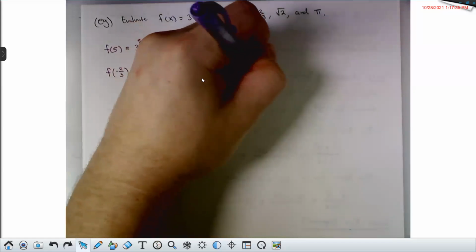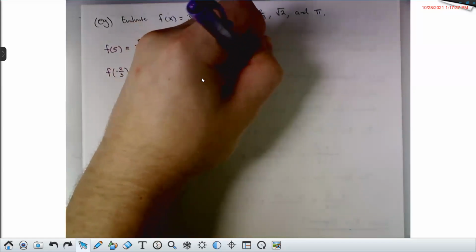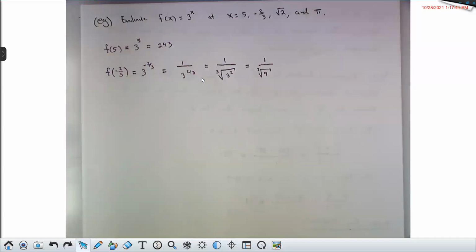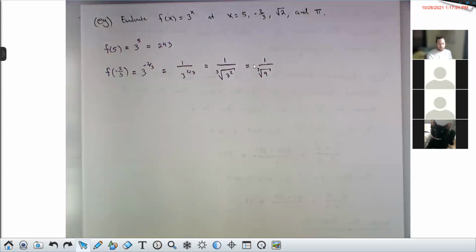And 3 squared is 9, so this is 1 over the cube root of 9. And I'll be honest, I don't know what the cube root of 9 is. I have no idea. But I can start to make some sense of how big it could be, right? And I'd like you to think along with me on this. So give me, without a calculator, a ballpark for how big the cube root of 9 might be and a reason why.